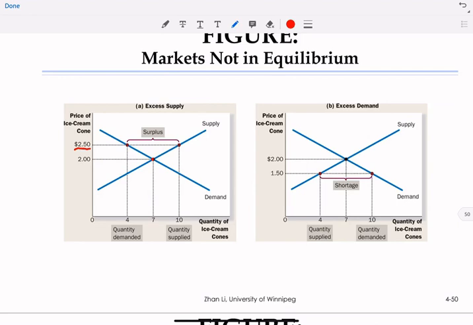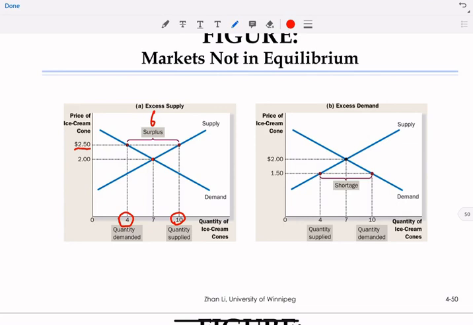So in this case, the quantity supplied is 10, and the quantity demanded is 4. So there is a surplus of 6, which is 10 minus 4.